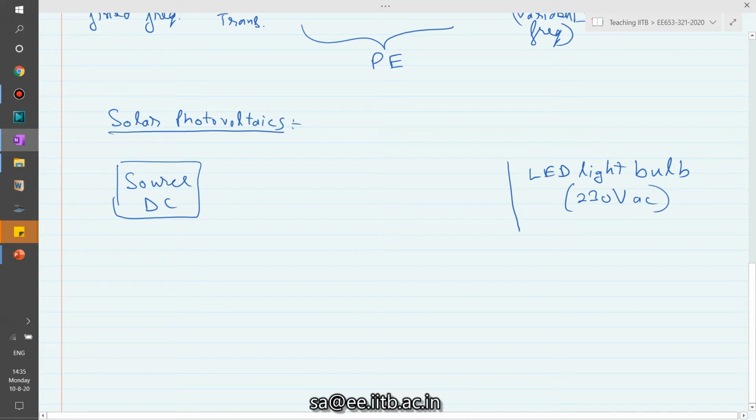And here I have a source, which is DC, usually again low voltage. So what do I do? How do I connect these two things? So first I take this low voltage and increase it using a DC to DC converter, right? Then I use a DC to AC converter and convert it into AC and then feed my end use.